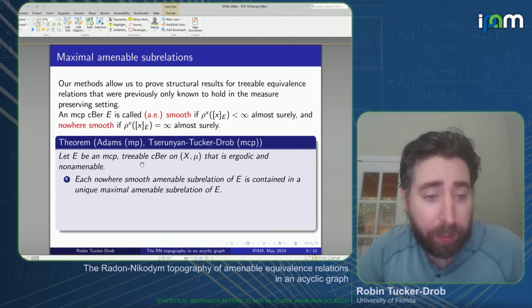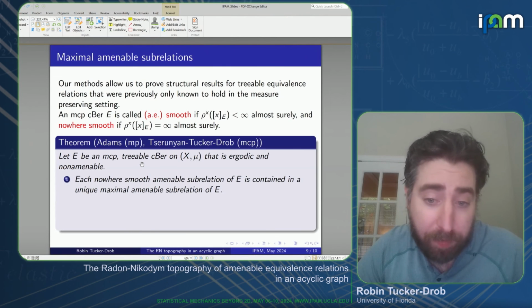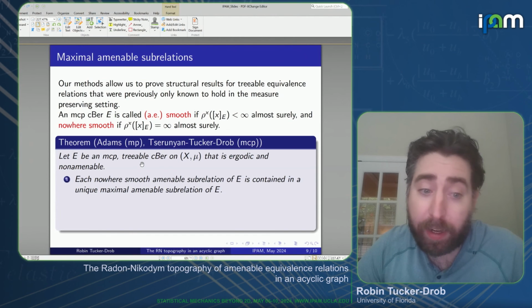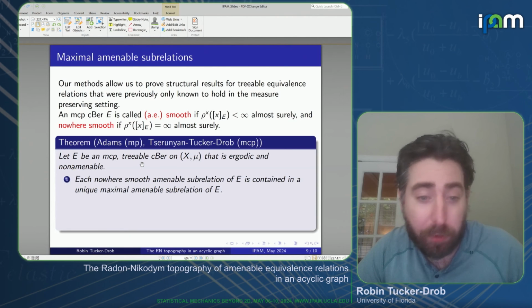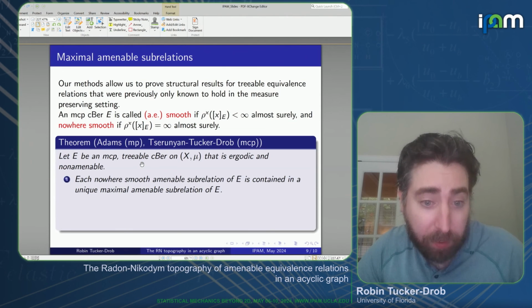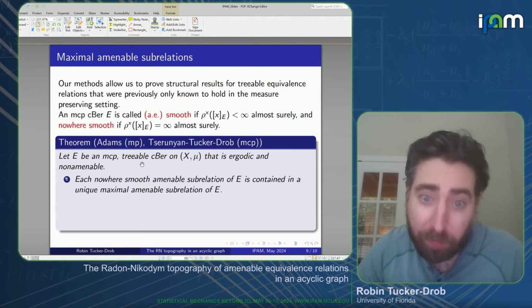Then, first of all, each nowhere smooth amenable subrelation of E is contained in a unique maximal amenable subrelation of E. Here, all these notions have nothing to do with trees. They are intrinsic properties that I define totally in terms of the equivalence relation. If I take a subequivalence relation, I can ask whether it's nowhere smooth.